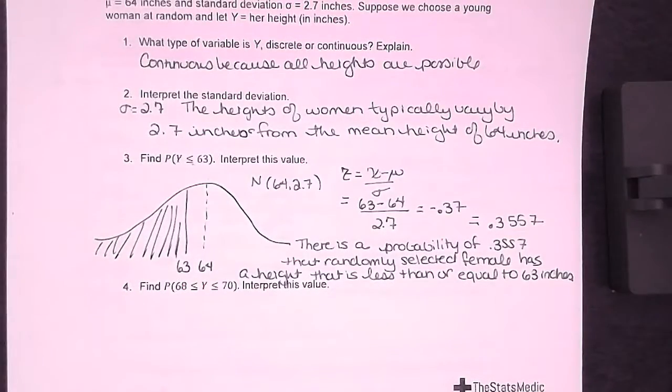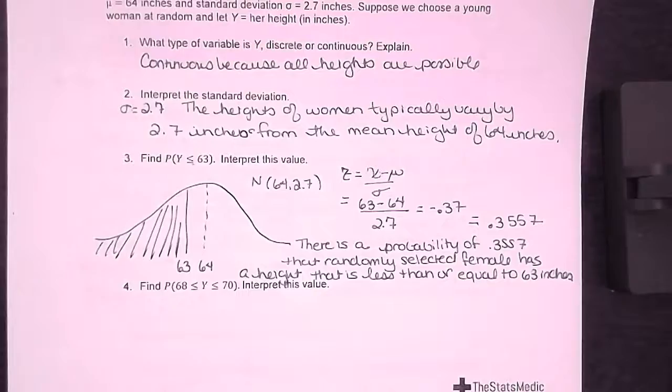So I would press second vars and go under option 2, which is normal CDF. And my lower bound would stay the same, which is negative 1e to the 99, which is just a really low negative number. Your upper bound would be 63. Your mean would be 64. And your standard deviation is 2.7. Enter that into your calculator and you're going to get the same amount.